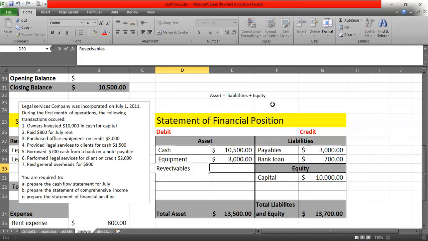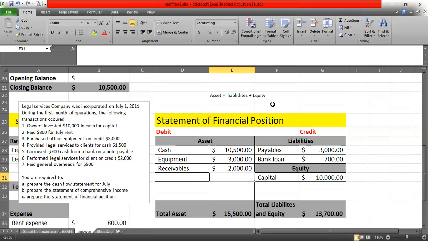Receivables means we already performed our services, but the client hasn't paid us yet. So it will cause the receivable, which is part of an asset, to increase. Or in Bahasa, it's called tagihan. So receivable will increase by $2,000.